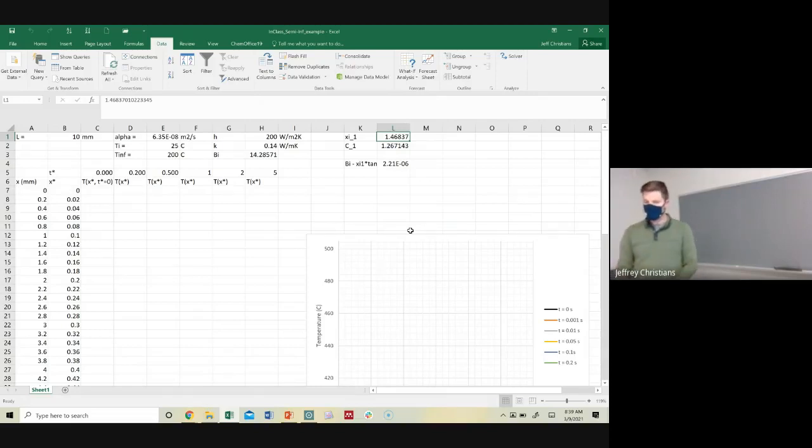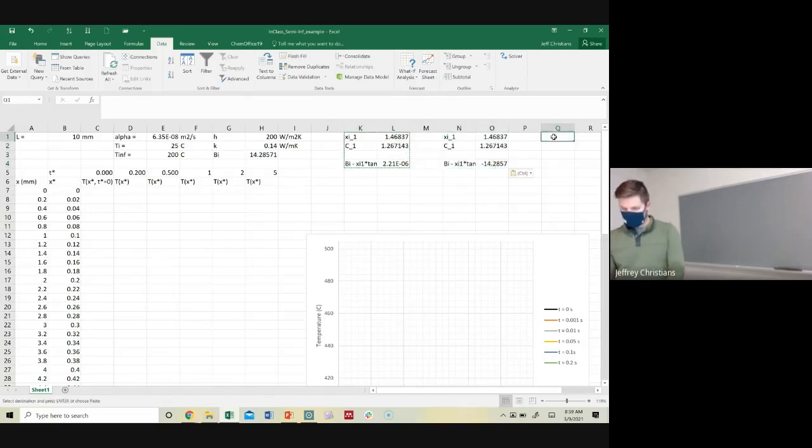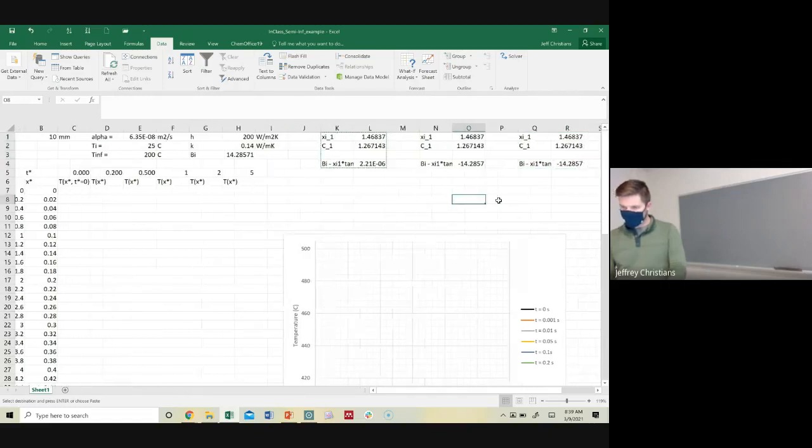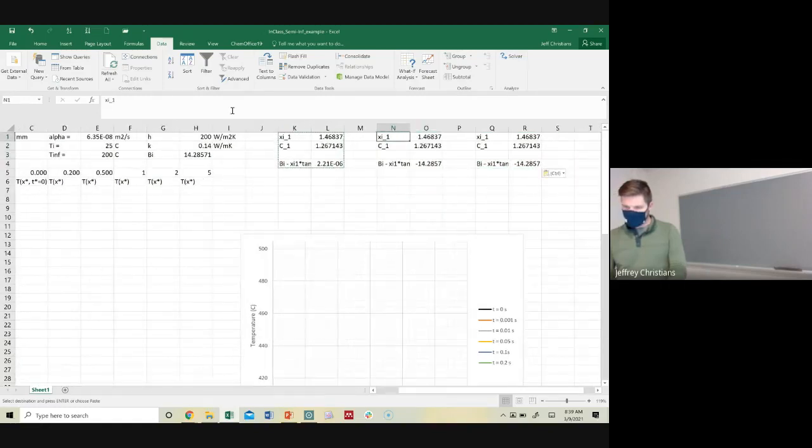I can use this same basic idea. I'll just do the first couple values. Okay, so this will be value number 2, and C2, this will be number 3, and C3 will be, just write it like this.